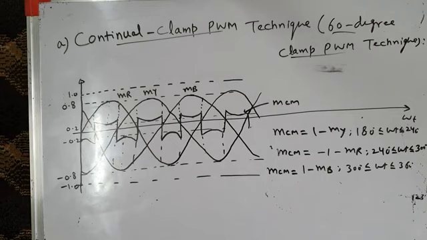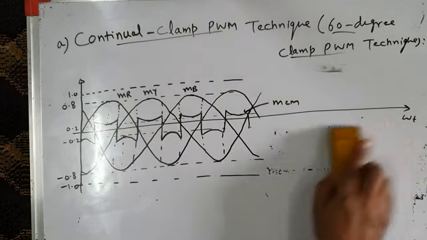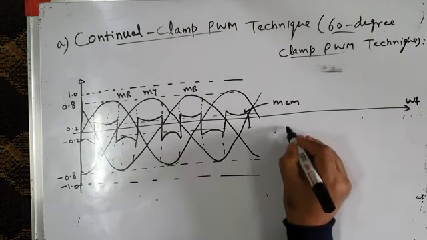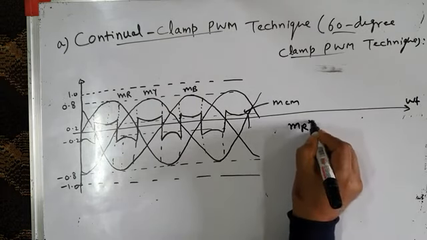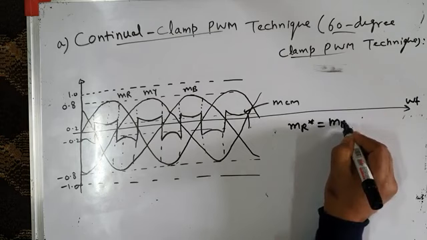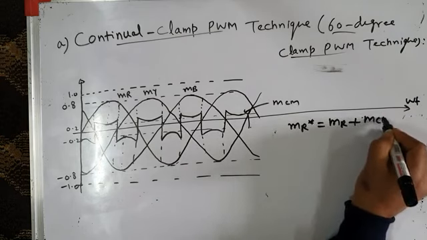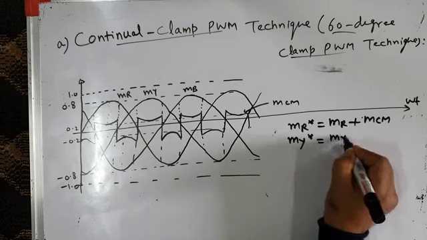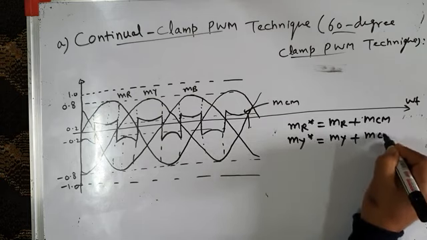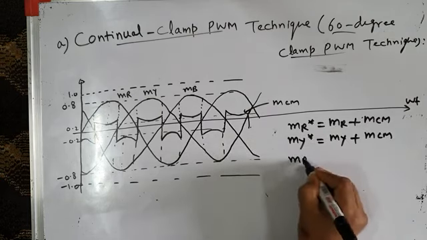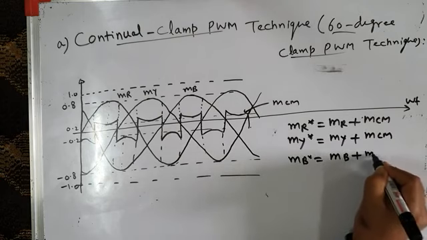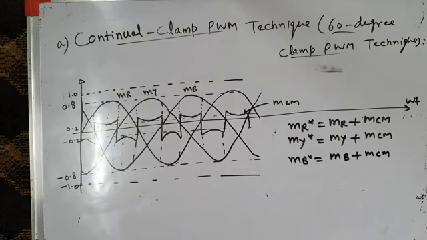Now what is the rule? We already know how to calculate now the modified modulating waves. What is your MR star? Your MR star is original modulating wave plus common mode signal. MY star is also original modulating wave plus common mode signal, and MB star is also original modulating wave MB plus common mode signal.